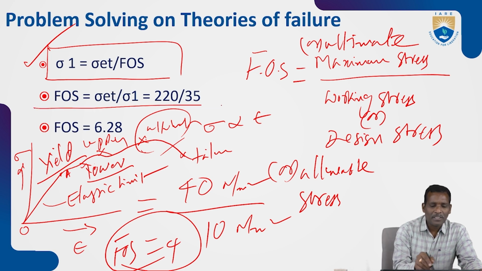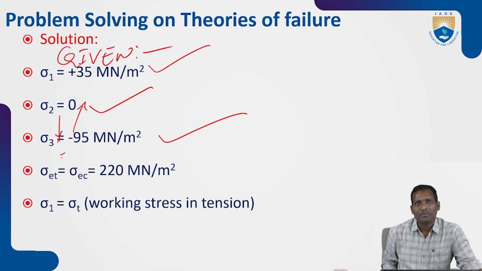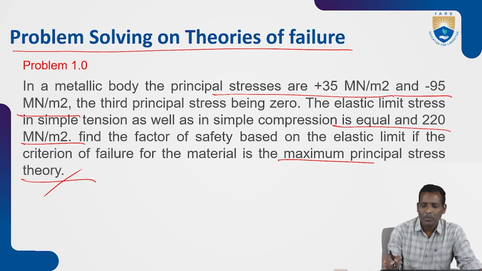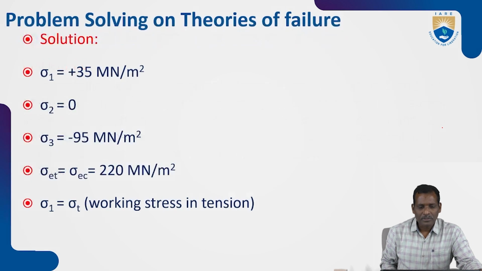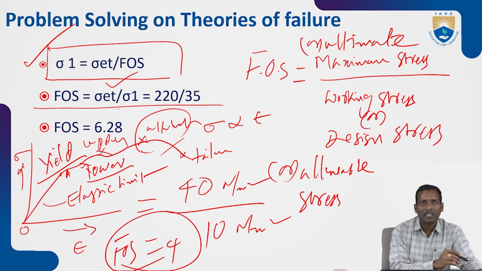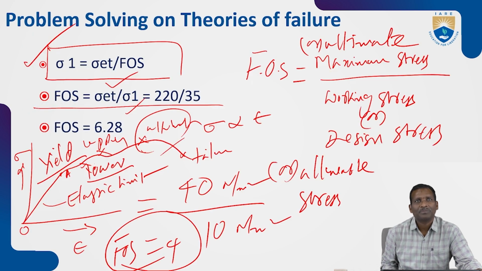Given that the elastic limit stress in simple tension as well as in simple compression is equal, 220 mega Newton per meter square, substitute it as the maximum stress, and the working stress sigma 1, the actual principal stress, is 35.